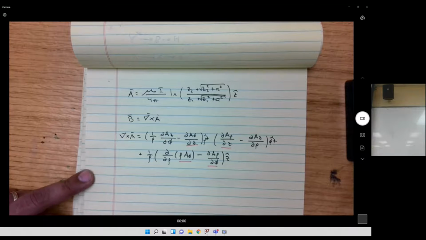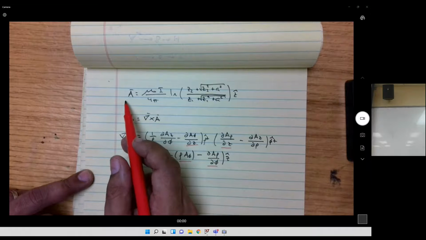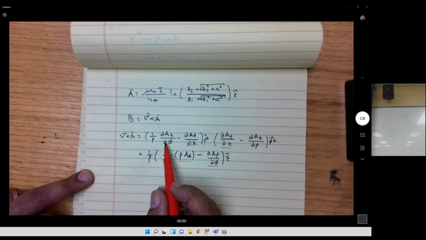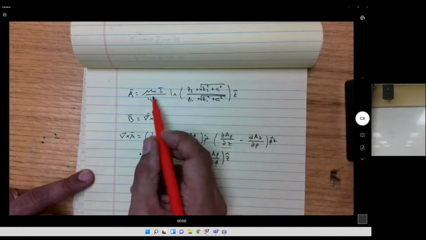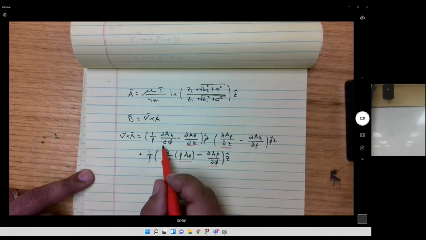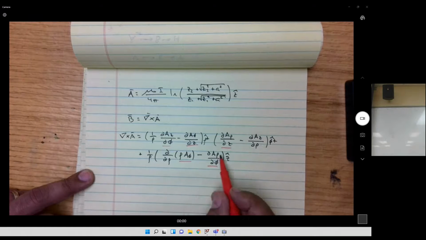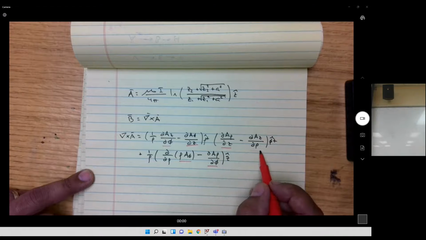The only thing I'm going to use is the partial derivative of the z component. The partial derivative with respect to phi is also zero, because the z component doesn't have any dependency on phi. So the only one I'm going to be using is this.